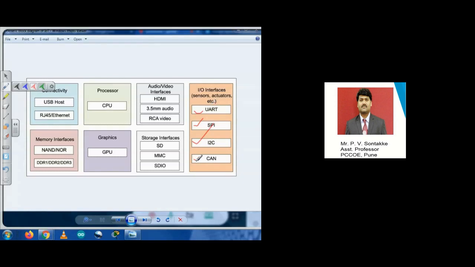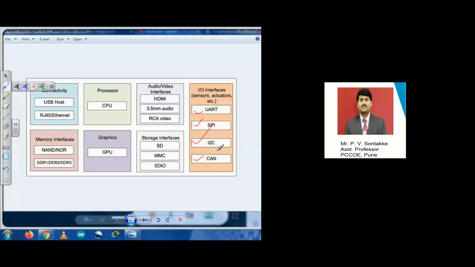And the CAN protocol is very widely used. Robert Bosch invented this protocol. Initially it was used in the automotive sector only. In your vehicle, multiple ECUs are there, and they exchange data with the help of this controller area network, the CAN bus, with CAN high and CAN low, at up to certain kbps or Mbps of data.